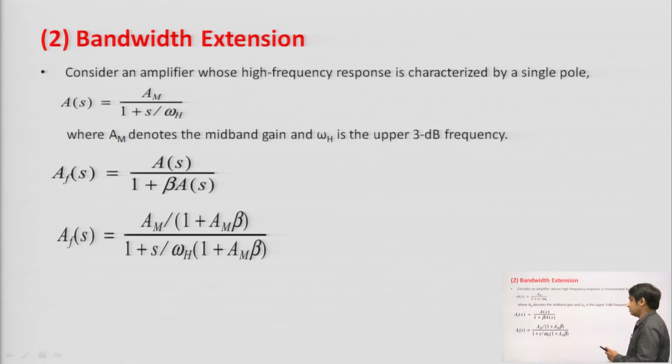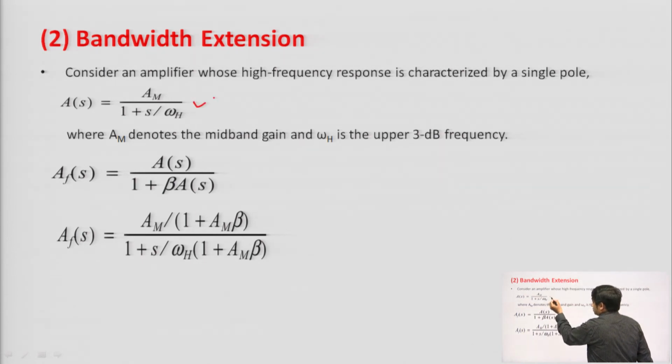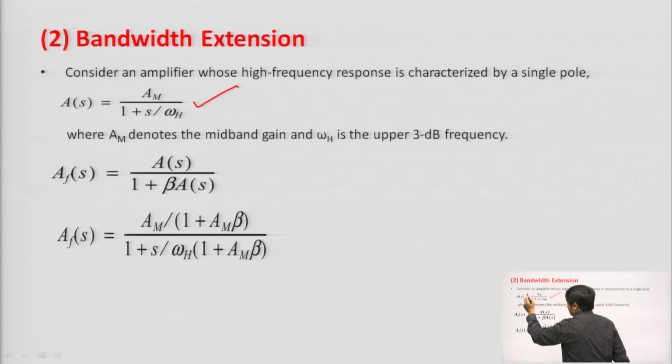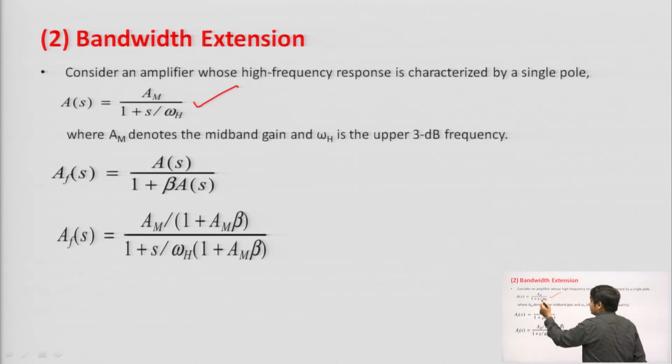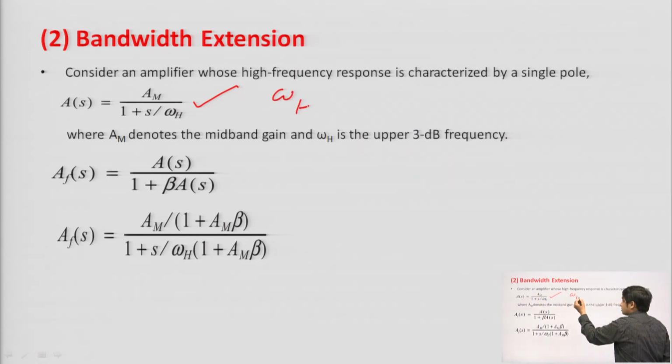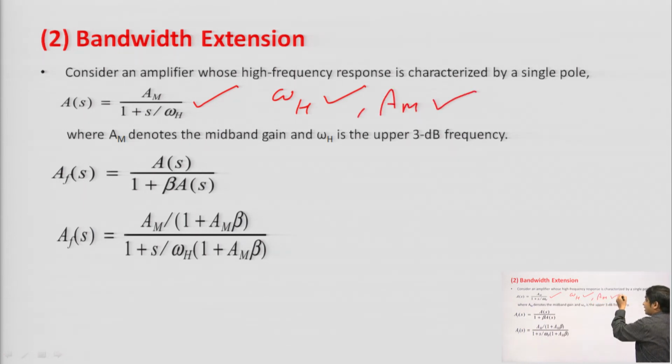To understand it, see your A(s), that is the gain without feedback, AM upon 1 plus s upon omega h. This I had discussed in the last class. There we derived this expression AM upon 1 plus s upon omega h. Omega h is your upper 3 dB frequency, AM is your midband gain.